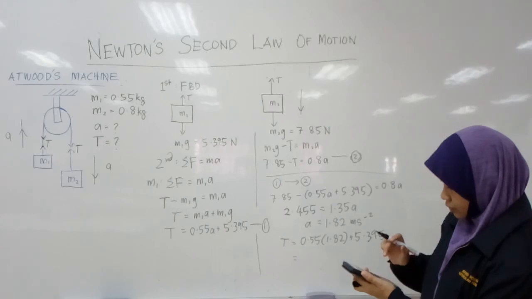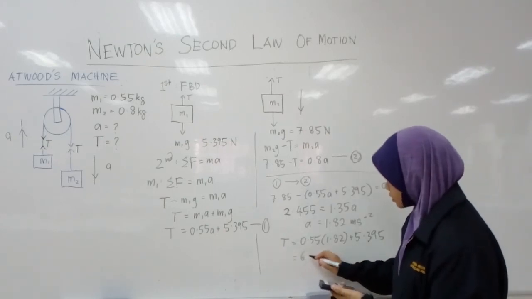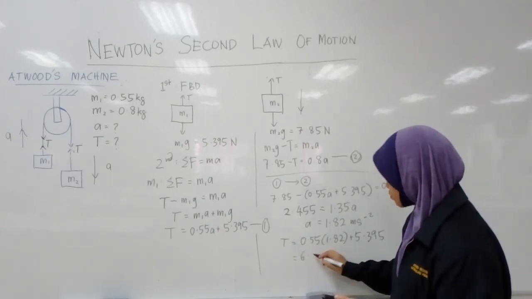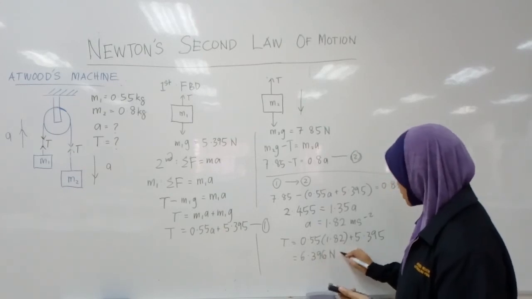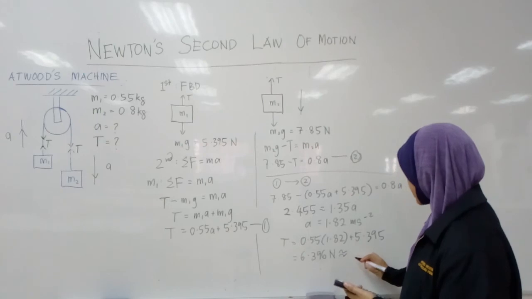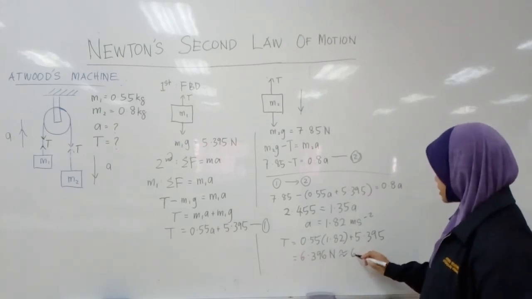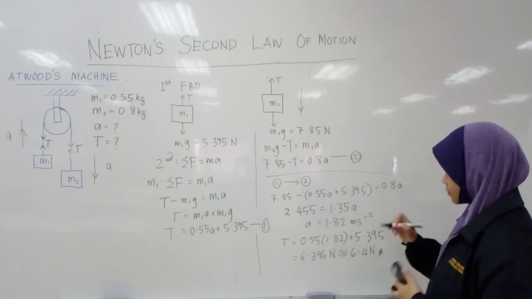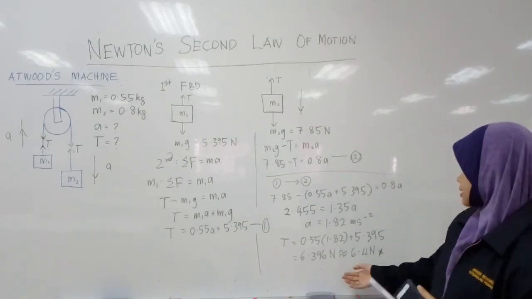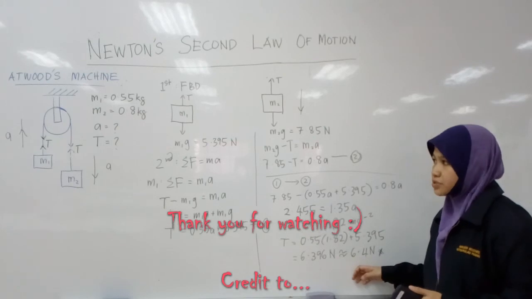The tension of the string is 6.396 Newton. Or you can round off the value to get 6.4 Newton. So this is the tension of the string.